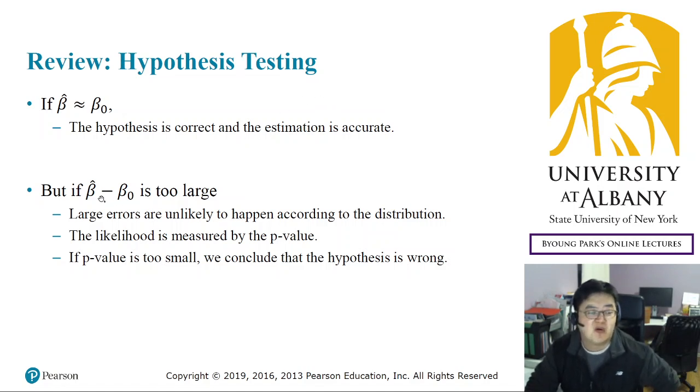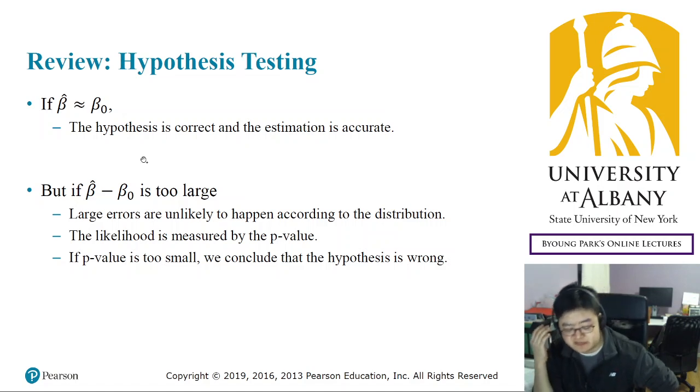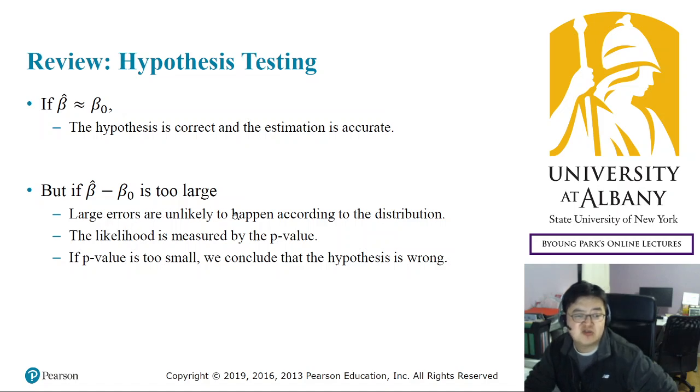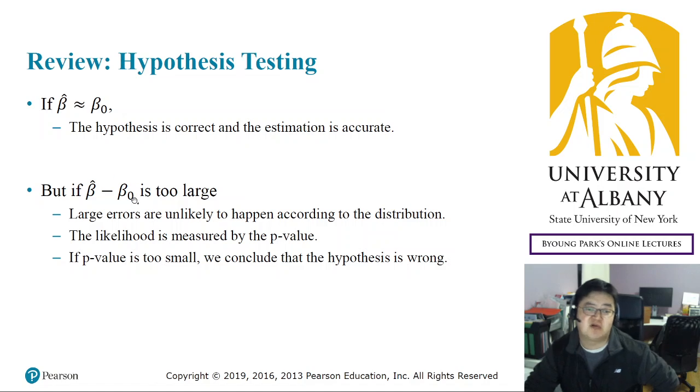But intuitively, you know how the estimation errors are distributed, and that means if the difference is too large, you can calculate how unlikely it is for such a large estimation error to occur.